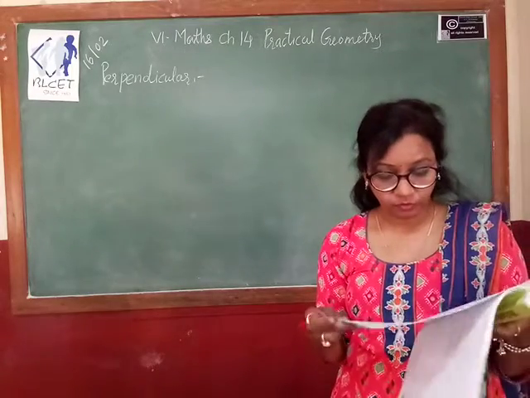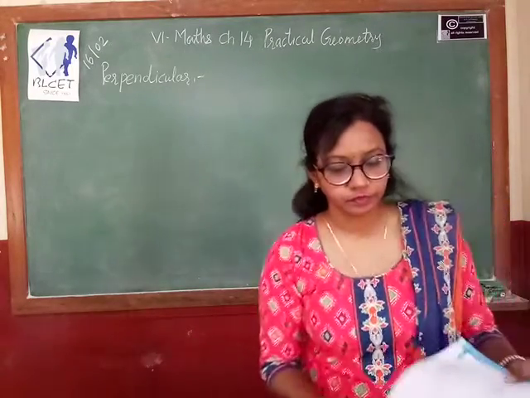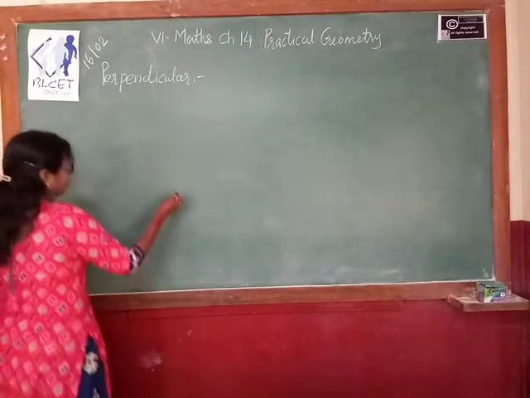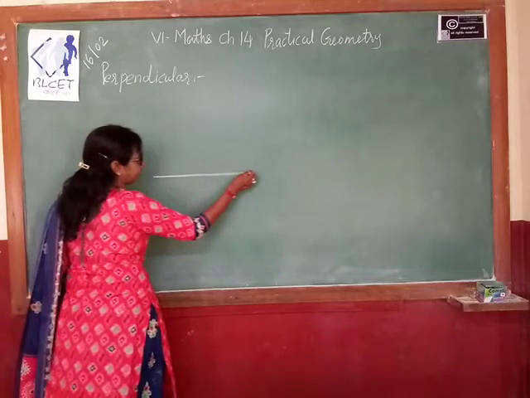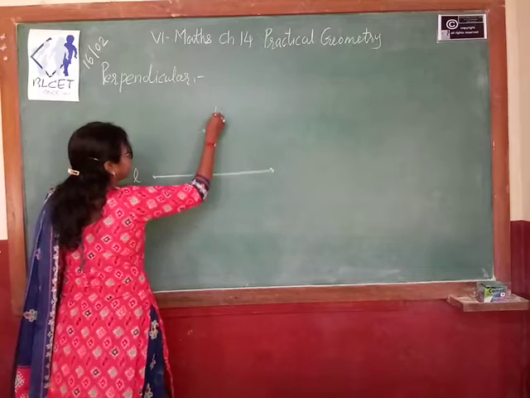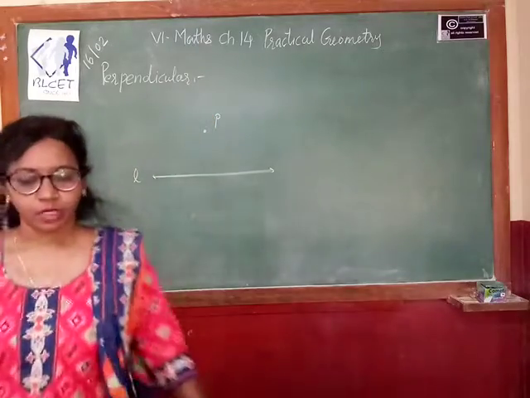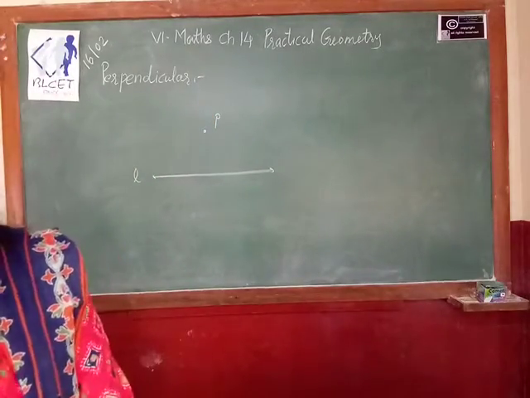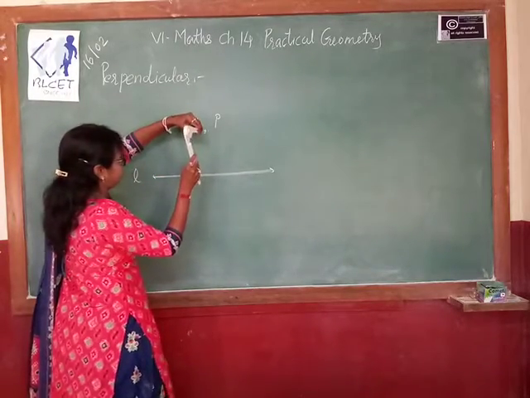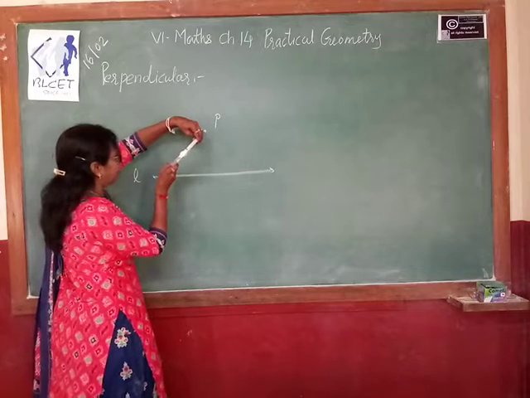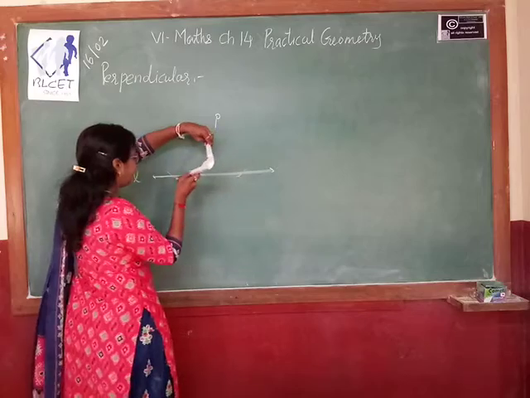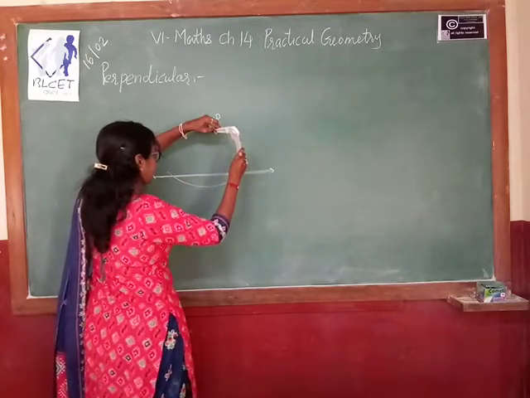So first draw the line, and any point P outside. What we have to do now? Take P as a center and we have to draw two arcs like this, or you can draw a whole circle also, doesn't matter, semicircle.